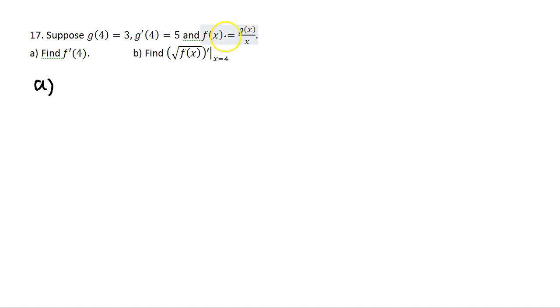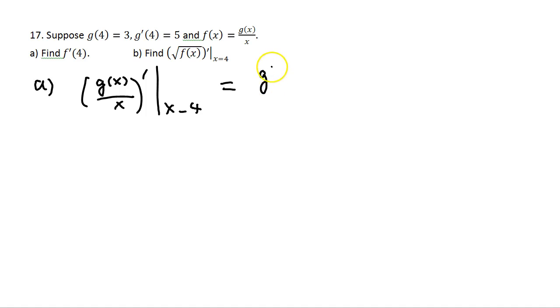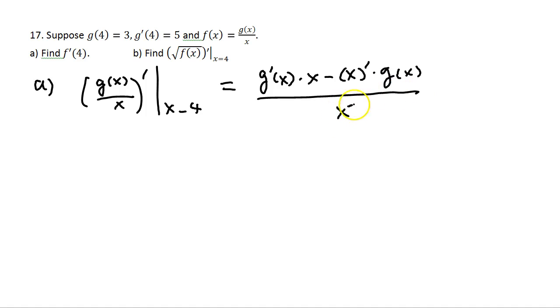To do f prime of 4, I have to differentiate g of x over x, and then after differentiating, I have to plug in 4. Now this is a quotient, therefore I have to use the quotient rule: differentiate the top, times the bottom, minus differentiate the bottom, times the top, and divide it by the bottom squared.